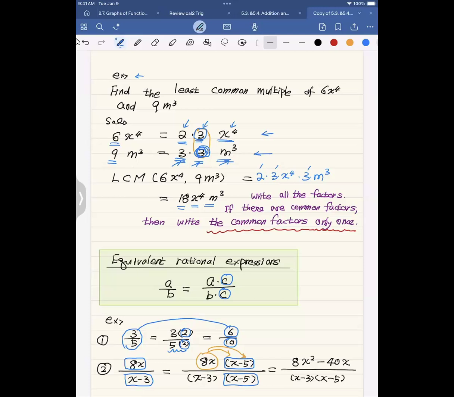When we expand that out, 8x times x will make 8x squared. 8x times 5 will make 40x. And the denominator, you can expand it out or you can leave it as x minus 3 times x plus 5. Those two are the same fraction.